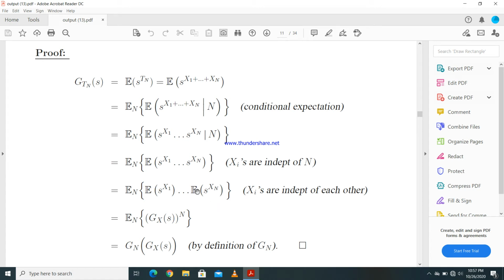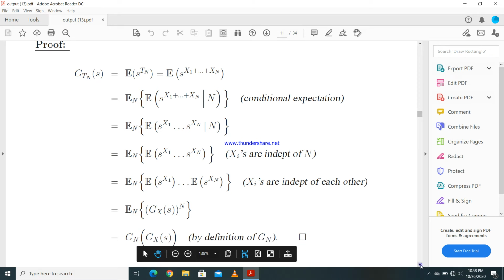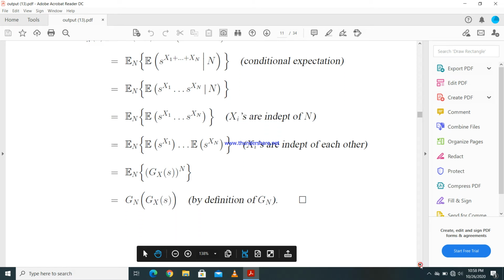But all these x's have a common probability generating function. So here you have n number of probability generating functions, so we can write this as the probability generating function of x, that is Gx(s), with n as the exponent since we have n terms.